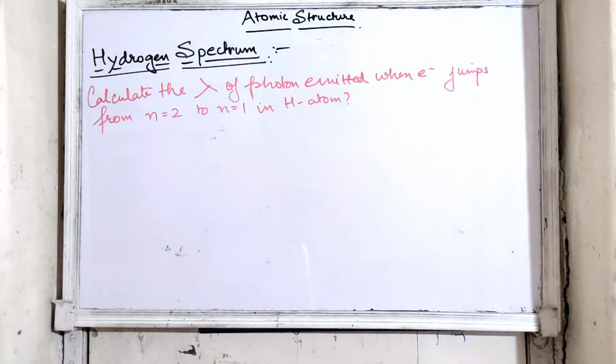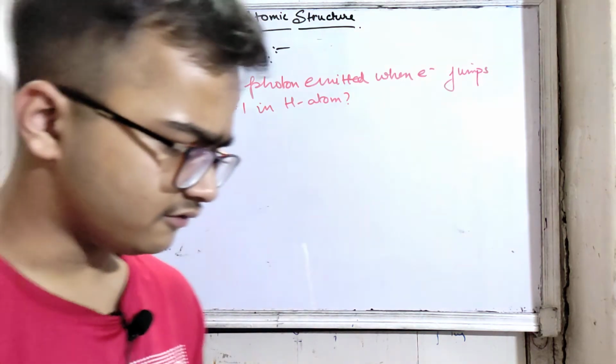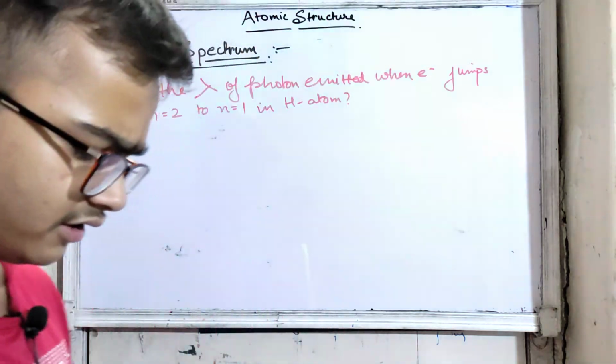Okay, so the question is like this: calculate the lambda of photon emitted when electron jumps from n equal to 2 to n equal to 1 in hydrogen atom.